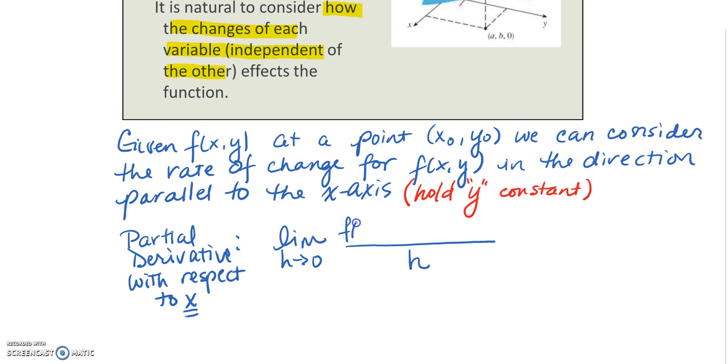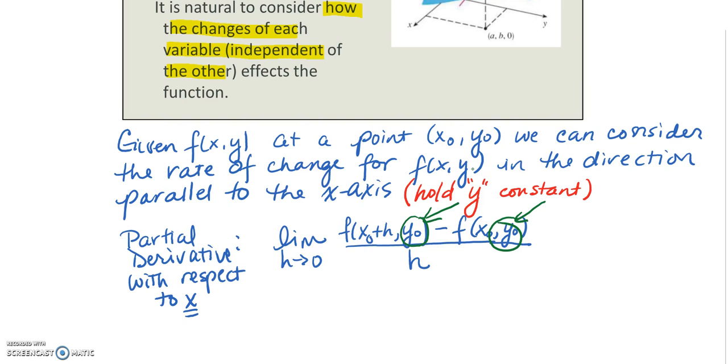We're going to have f of, now we had this fixed point x naught, y naught, so x naught plus h, because we're allowing h to vary, comma y naught, minus f at x naught, comma y naught. This is very similar to what you saw back in Calc 1. Notice here that we have held y constant. We are not allowing y to change. The only thing that's varying is the x variable. And so this will actually give us our partial derivative.